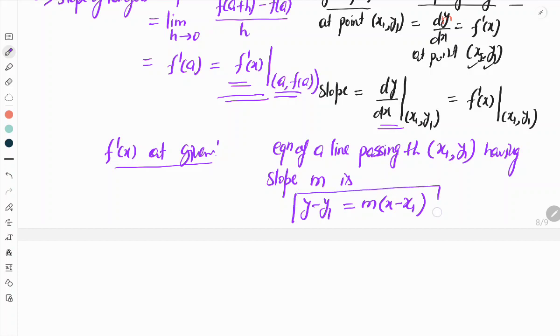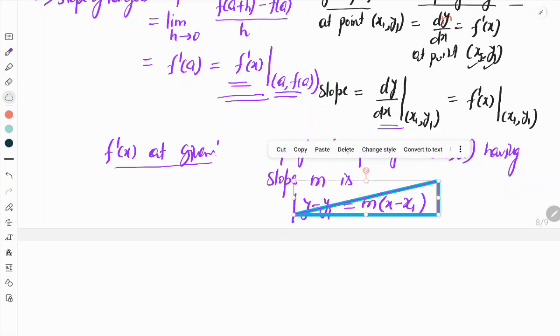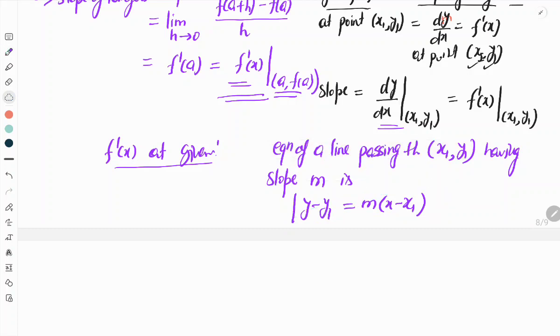So this is the equation of a line passing through a point (x1, y1) having slope m. This is clear to you all?